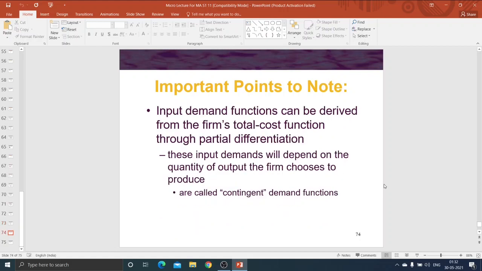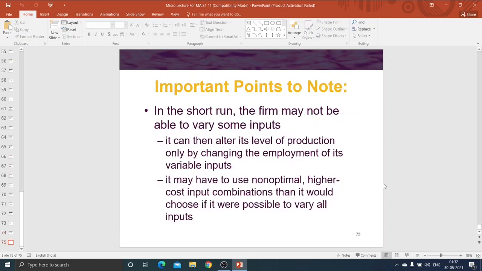Okay, so the input demand function can be derived from the firm's total cost function through partial differentiation. These input demands depend on the quantity of output the firm chooses to produce, and are called contingent demand functions, as we have discussed earlier.